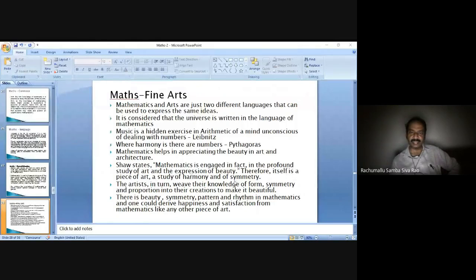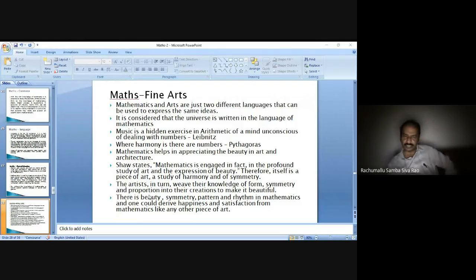Artists in turn weave their knowledge of form, symmetry, and proportion into their creations to make them beautiful. Without symmetry and without proportion, we cannot prepare an art beautifully. Symmetry and proportion are all concepts of mathematics.